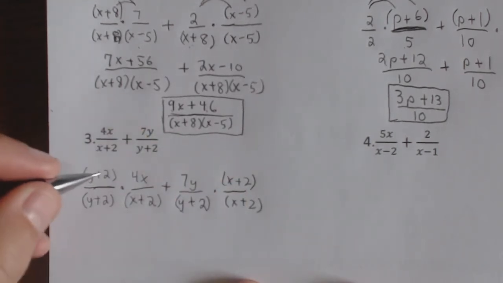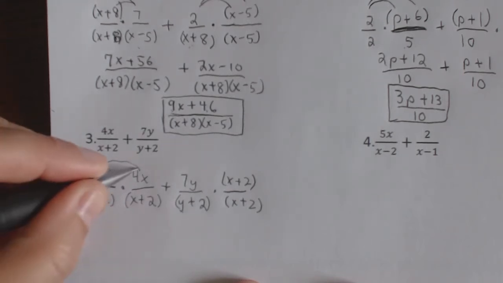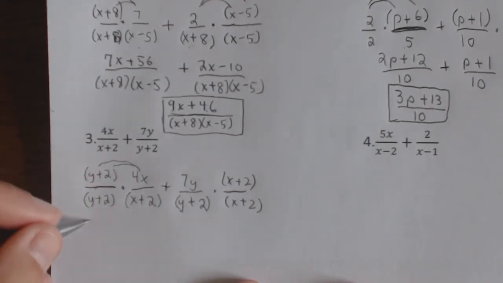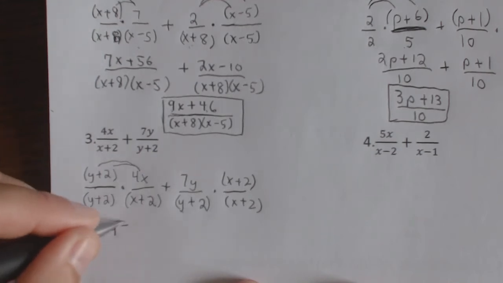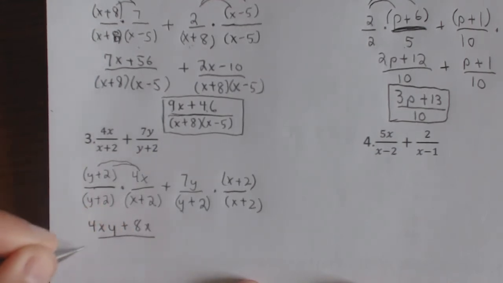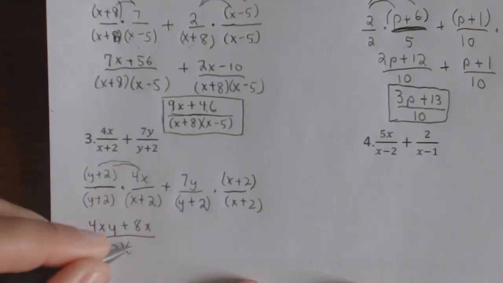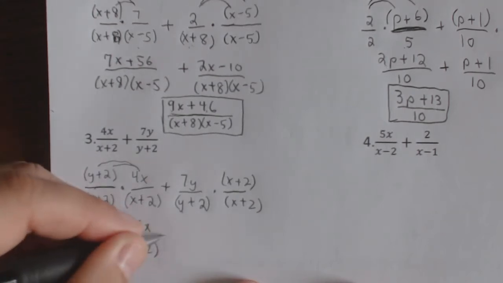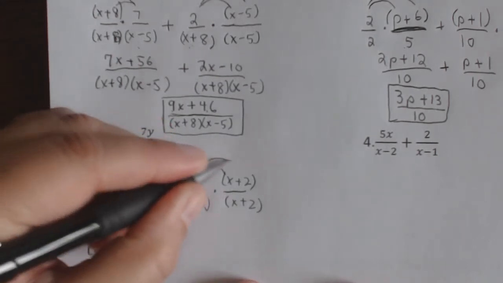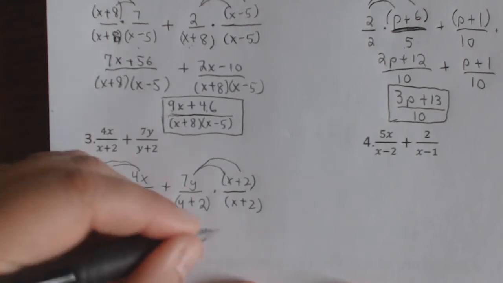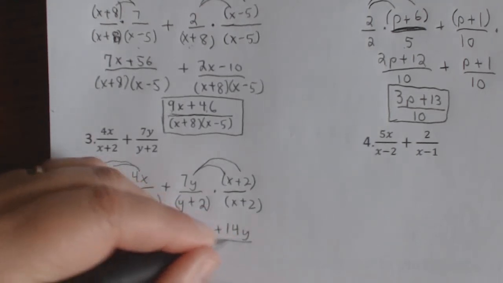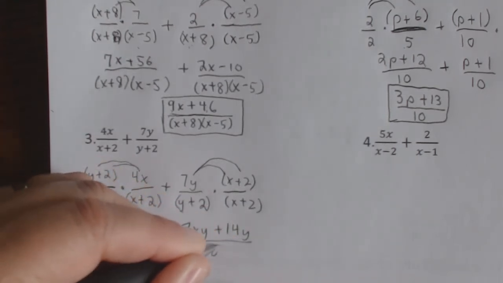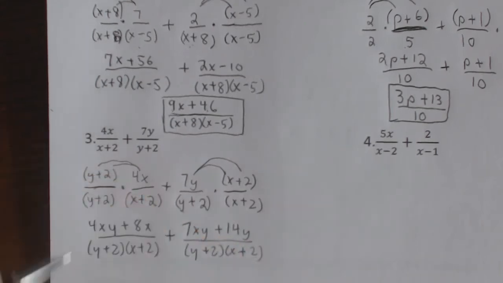Then we're going to distribute this 4x into both of those terms, so that's 4xy plus 8x over y plus 2 times x plus 2. You don't have to multiply out the denominator. And then 7y times x is 7xy plus 14y over y plus 2, x plus 2.